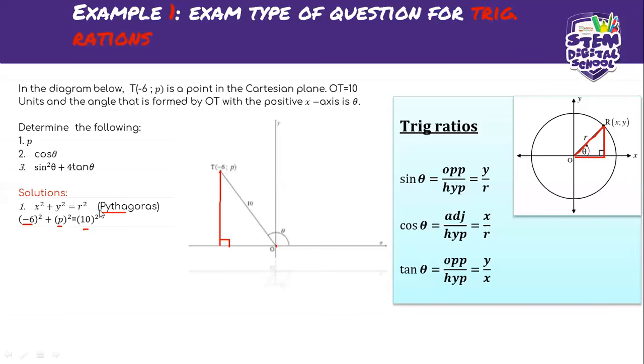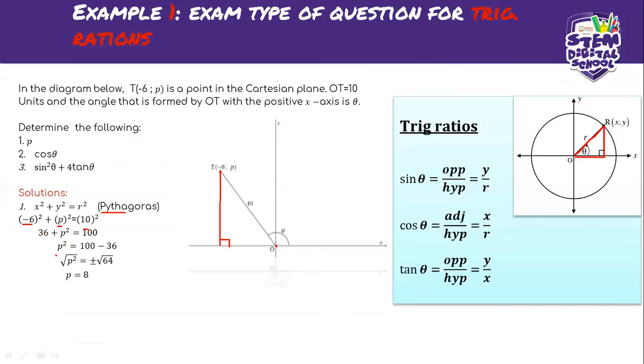Then you just press your calculator, you'll get 36 plus P squared equals 100. Then you transpose that 36 to the right hand side, so you'll have P squared equals 100 minus 36.